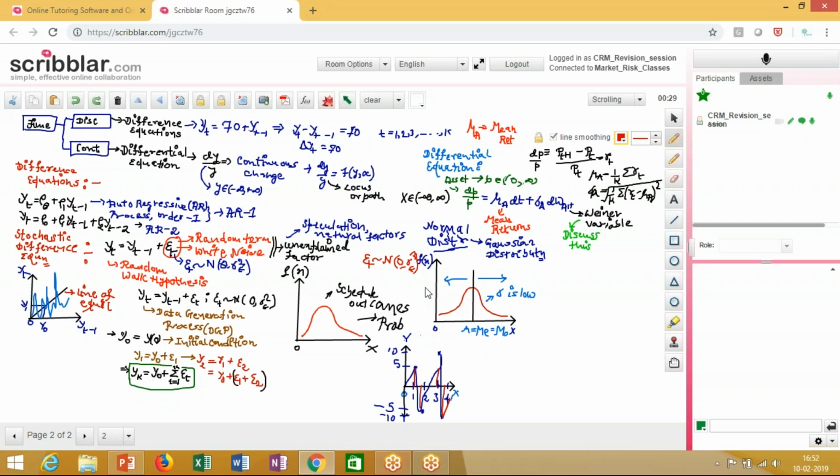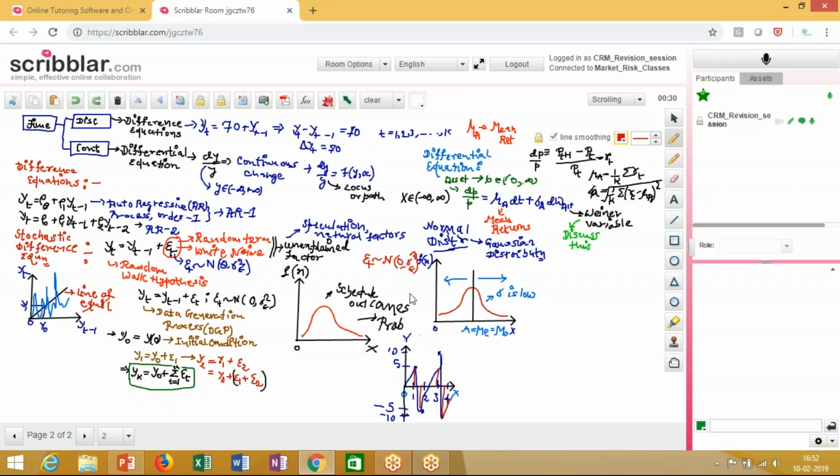If a variable follows this distribution, then that variable is a random variable, right? So now can we relate why I am saying that the random term or the white noise term follows a normal distribution? How do these two concepts correlate?